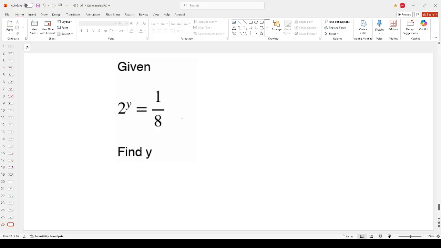This is indices. So we know it's a reciprocal, so it's going to be, can you see it's all under 1, right? It's all under 1, so it's going to be 2 to the power of negative y is 8, right? So 2 to the power of what gives me 8? Who got 2 to the power of negative 3? Because basically anything under 1 is the reciprocal. So how do I show a reciprocal with a power? I just put a negative. And then I just ask myself, 2 to the power of what is 8?